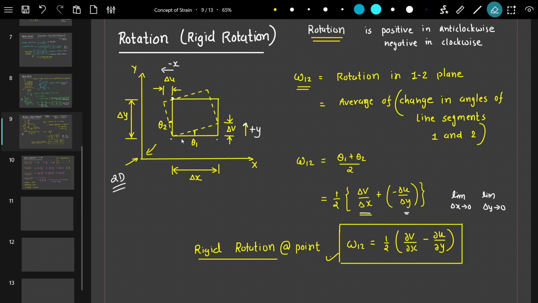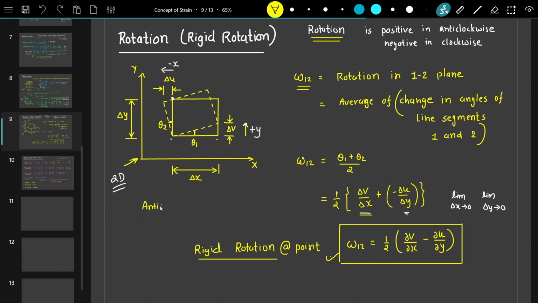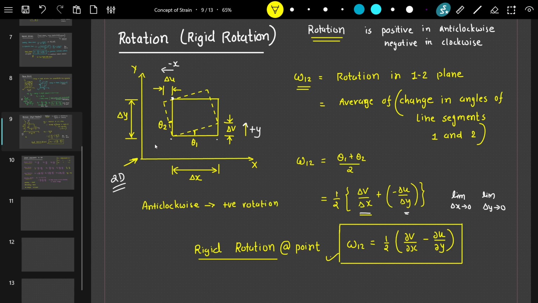when we look from this side, positive normal axis. Okay, when we look from this side, and if it is anti-clockwise, it is a positive rotation. So this is omega 12.